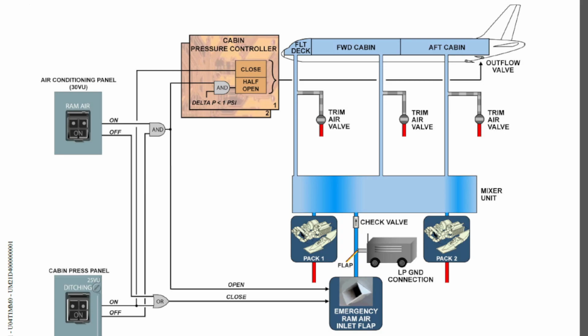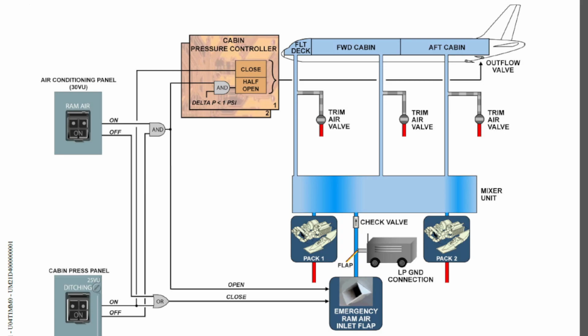So for the emergency ram air inlet to operate, I told you that there's a logic. What will happen is, when you select the ram air push button, you have to understand that you have to press this manually.